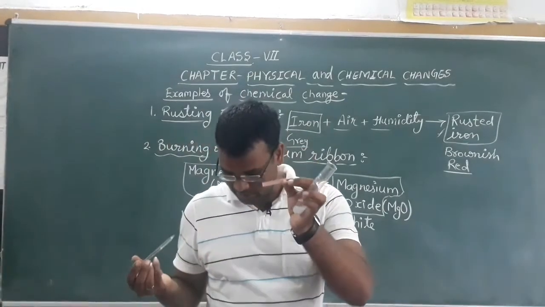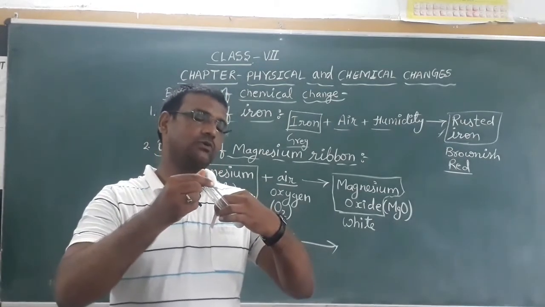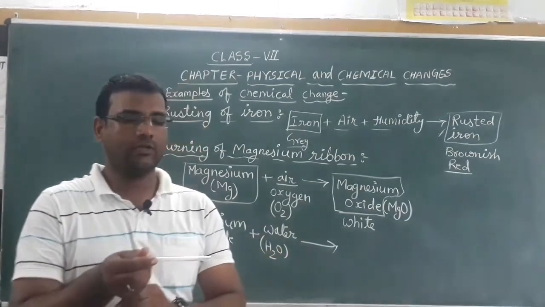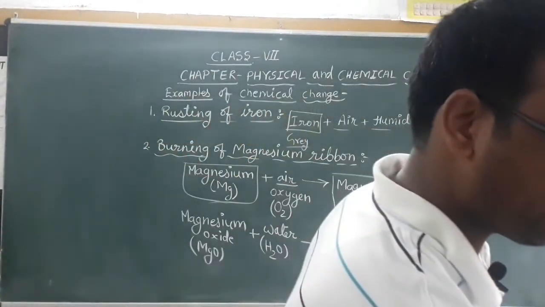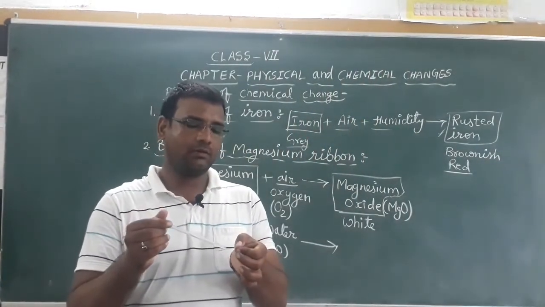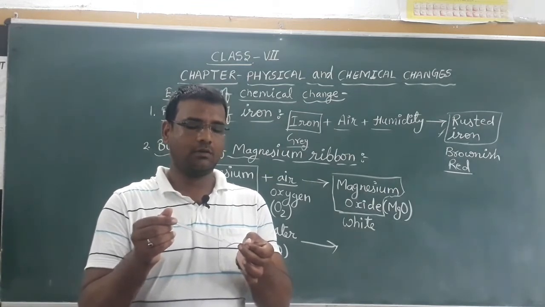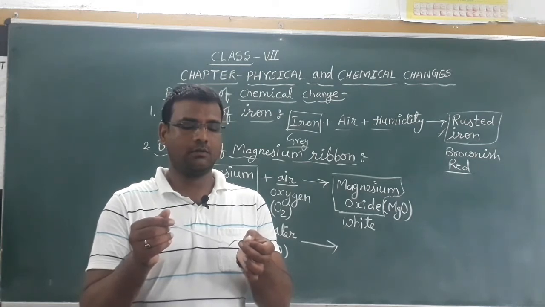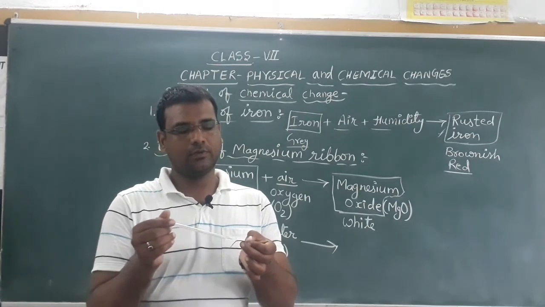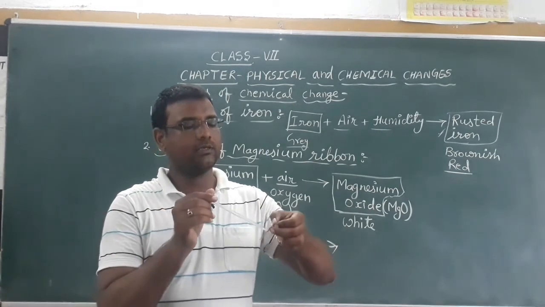This is the red litmus paper, and again I am taking a little amount of this solution and putting it on the red litmus paper, and you can see easily that the color of the litmus paper has changed.